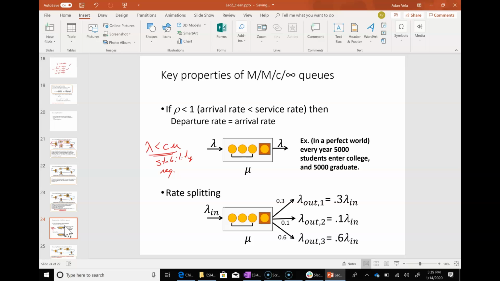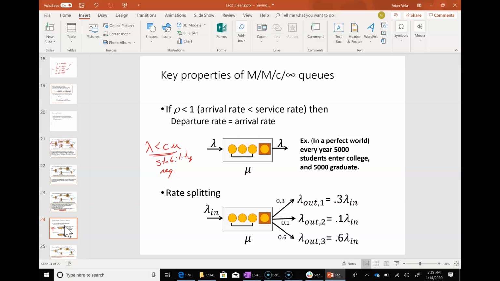The other property that's related to Jackson networks is that if we look at rate splitting, splitting occurs according to the probabilities. So what do I mean by this? If we have 100 people per hour going into the queue, and 30% are going to go towards triage, then that means 30 people per hour are going to go to triage.